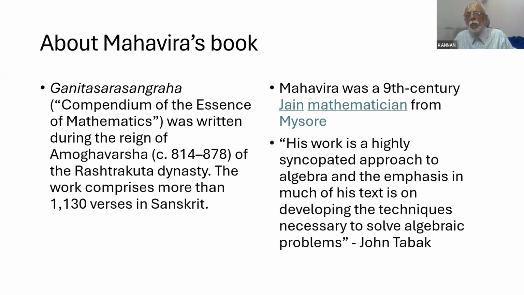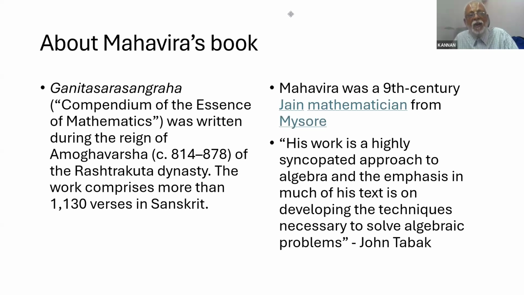Now a few words about Mahavira's book, Ganita Sara Sangraha. The title means compendium of the essence of mathematics. Sara is essence, Sangraha is compendium. It was written during the reign of Amoghavarsha in the 9th century, before Bhaskara.